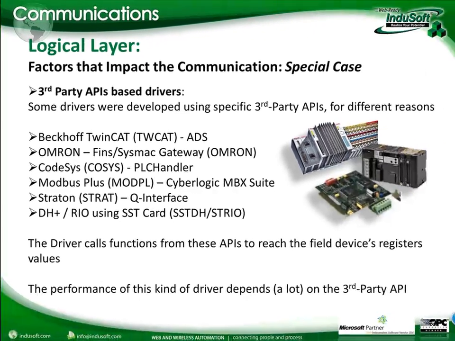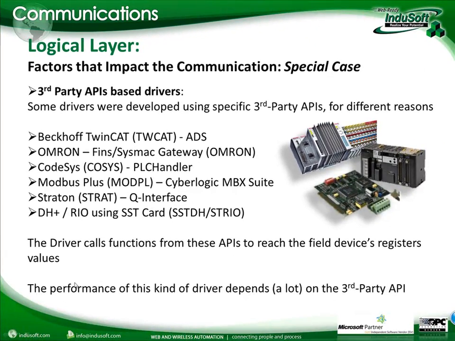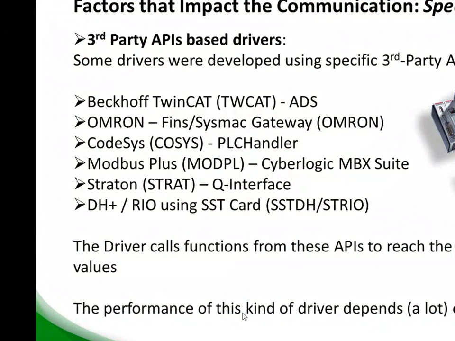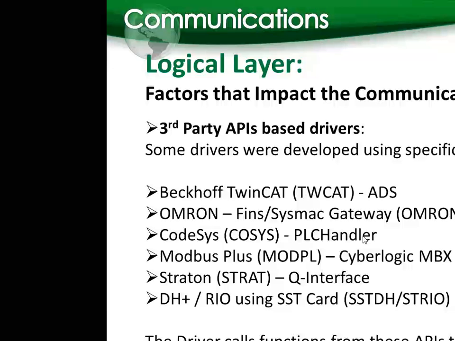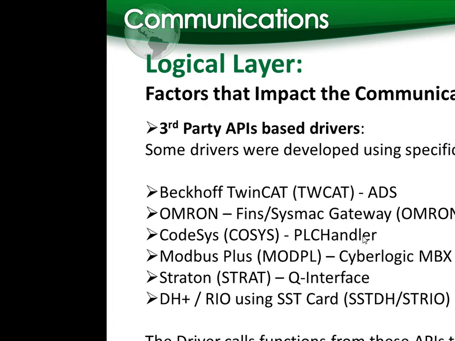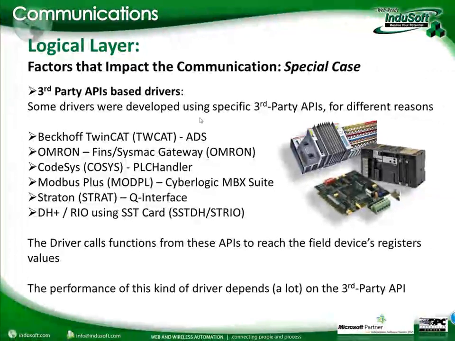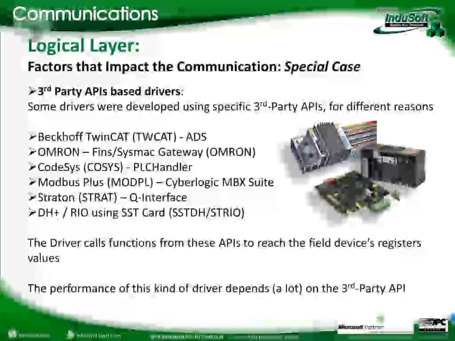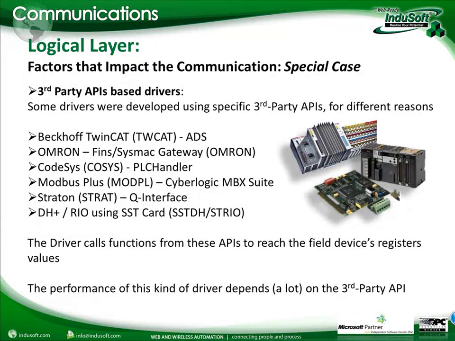Okay? And that's the important part. The performance of this kind of driver depends 99% on the performance of their APIs. If we call an API function and it takes like 5 seconds to reply, there's nothing the driver can do to improve that. For example, with the ADS from Beckhoff, as we ask for any information, we get it in 20 milliseconds or even less.